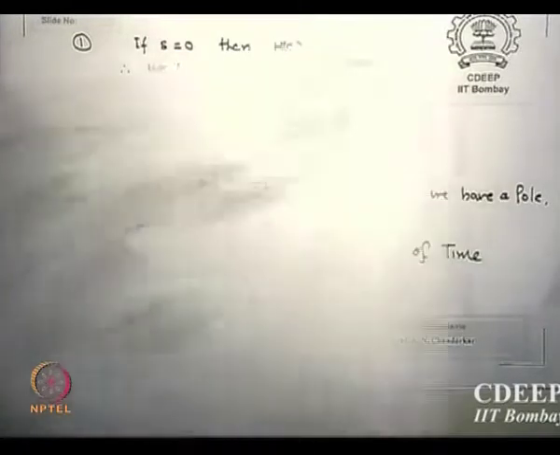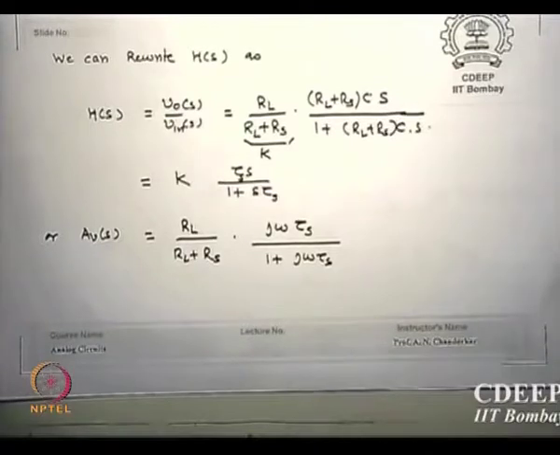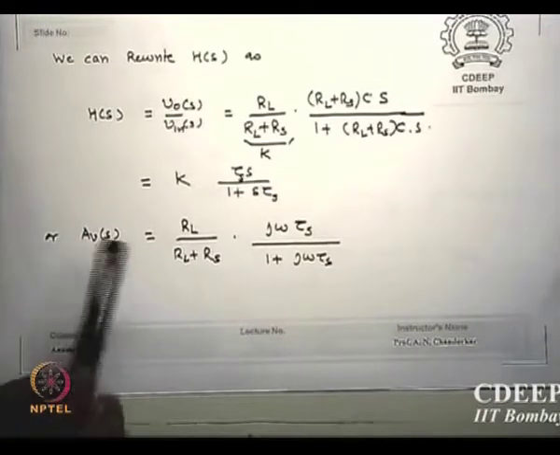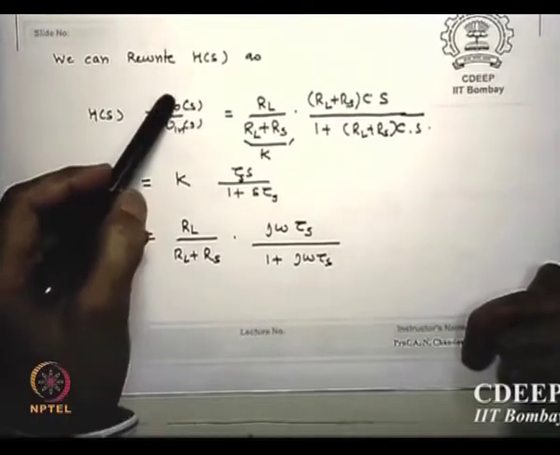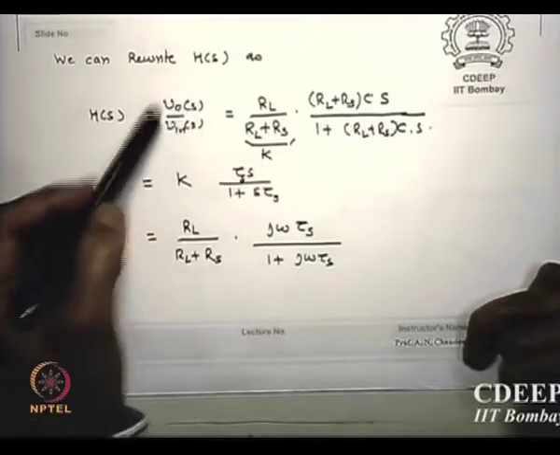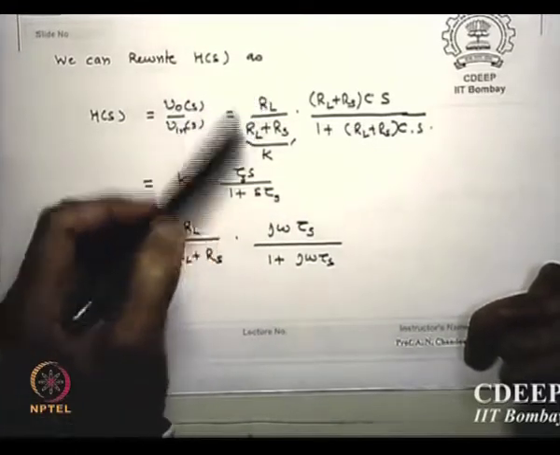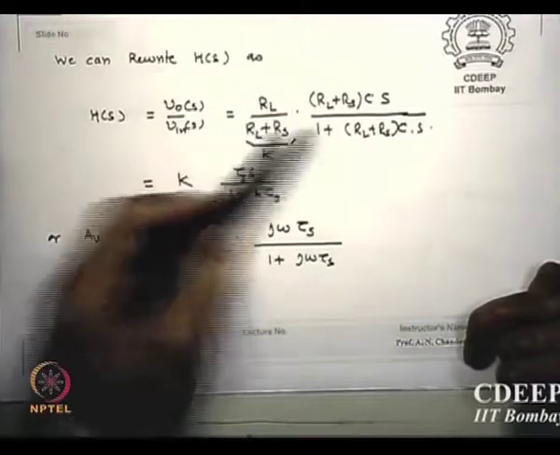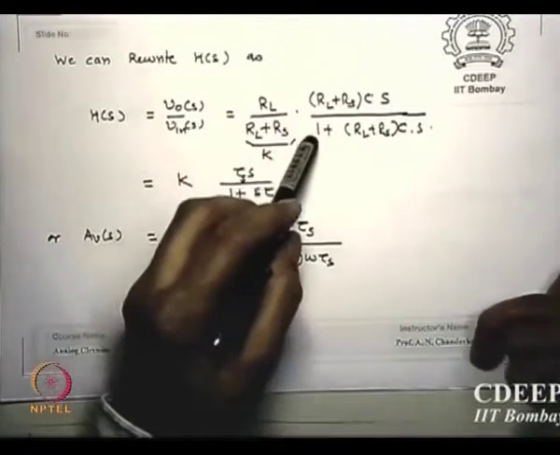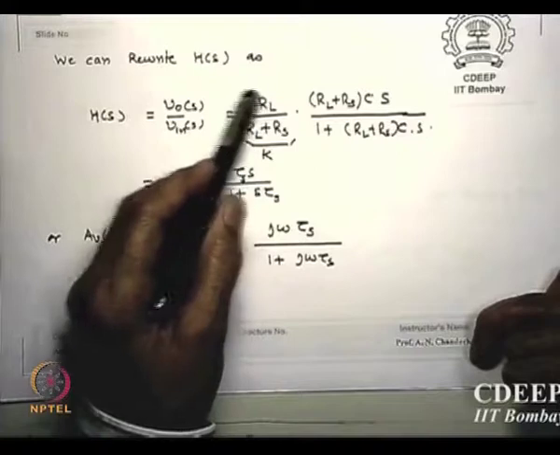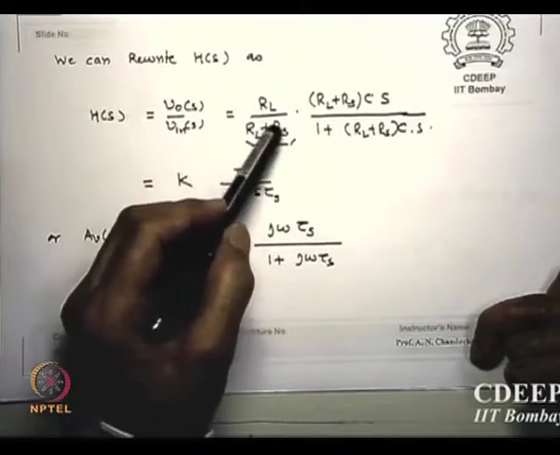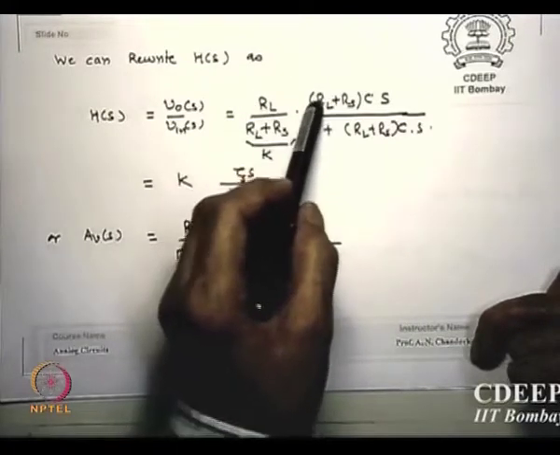However, we can rewrite the transfer function again. H is V0 S upon V in S. I use that RL plus RS and bring it outside. So I get RL upon RL plus RS and I multiply it by RL plus RS.